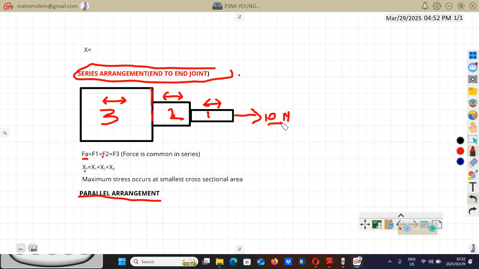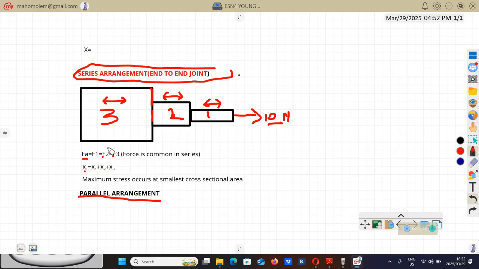The very same force that will apply there is the very same force that will be transferred to this component number three. So we say that the force is the same or the force is common. So that is one of the conditions for series arrangement. If your structure or your support is having three or more components arranged in this manner, then you must know that the force will be the same throughout.